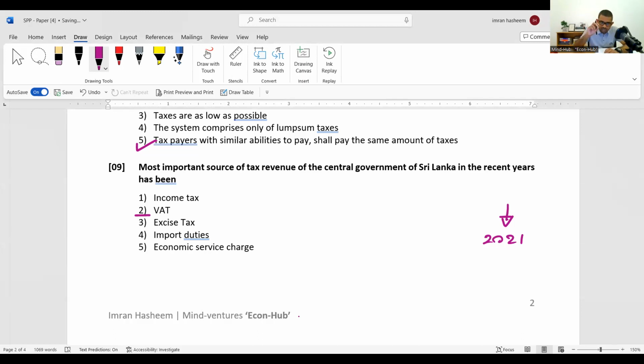Sometimes the figures might be almost equal; those things can happen. Income tax, who gave us income tax? What was the year for income tax? I remember in one particular year, income tax also was almost equal to VAT and excise duties. I think maybe it was for 2020.